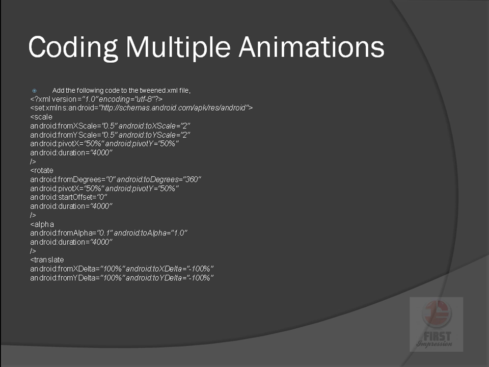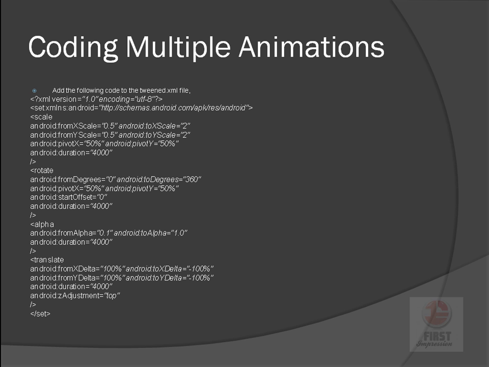That is, the control moves from the lower left corner of the screen to the upper right corner of the screen, in a duration of 4000 milliseconds or 4 seconds. And you have to make the Z adjustment at the top. That is, the top of the control should be adjusted whenever we perform the translate animation.